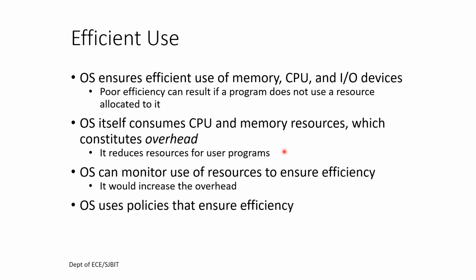Some CPU and memory resources are separately allocated to the OS itself for its own internal use. If the OS requires more than that, overhead arises, so it reduces the resources available for the user programs.